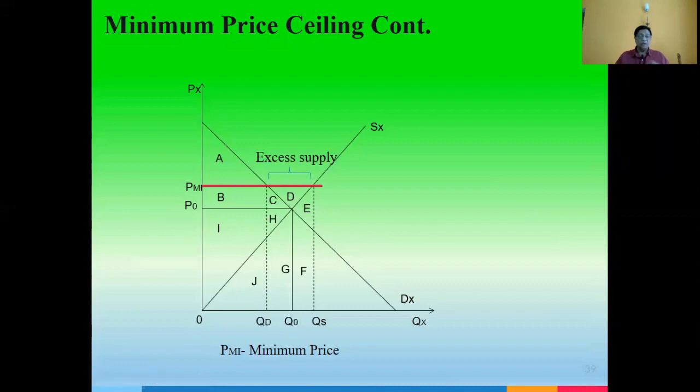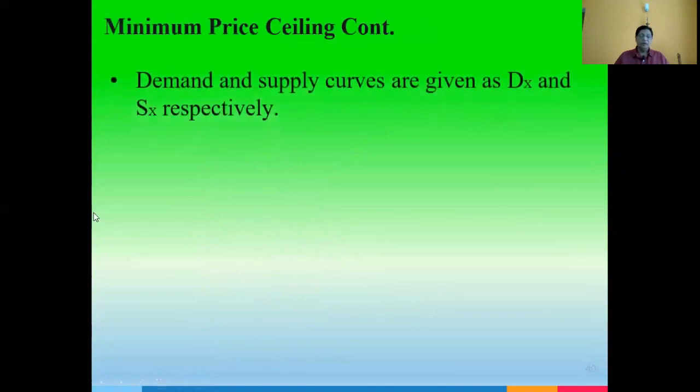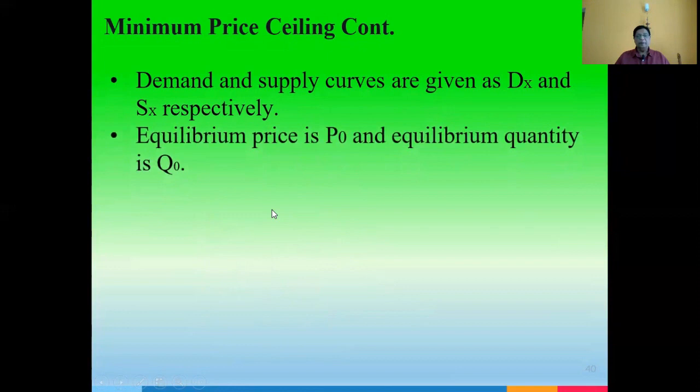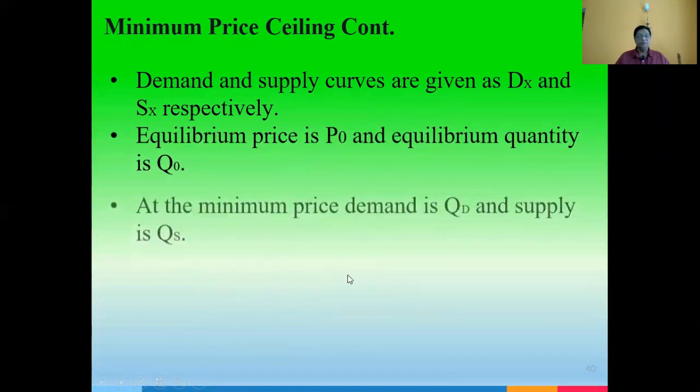I would like to explain further the economic implications of minimum price ceiling. Demand and supply curves are given as DX and SX respectively. Then the equilibrium price is P0 and the equilibrium quantity is Q0.